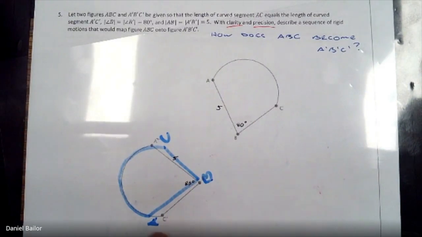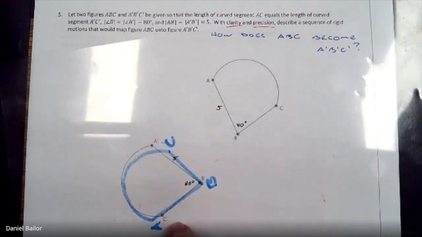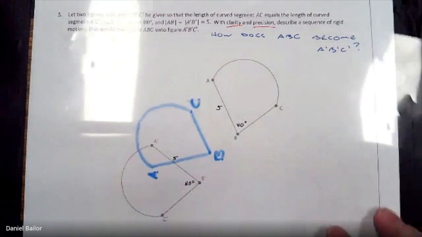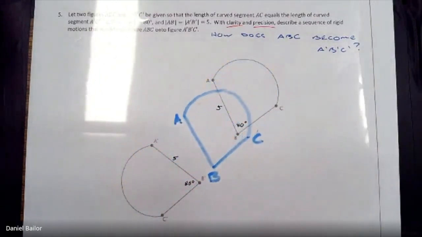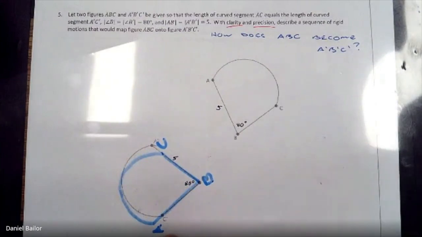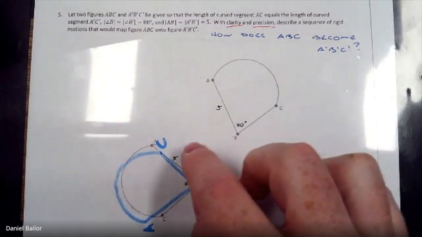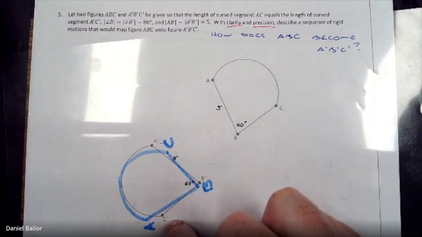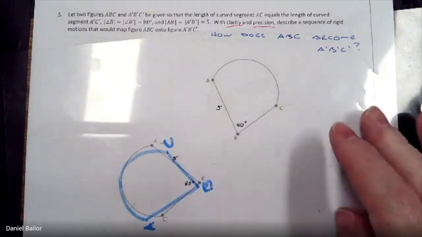If you look, A is the original, but it's next to C prime. And A prime is next to C. So that doesn't work. If I just slide and spin, we have the wrong letters next to each other. Because A has to go with A prime, C has to go with C prime.